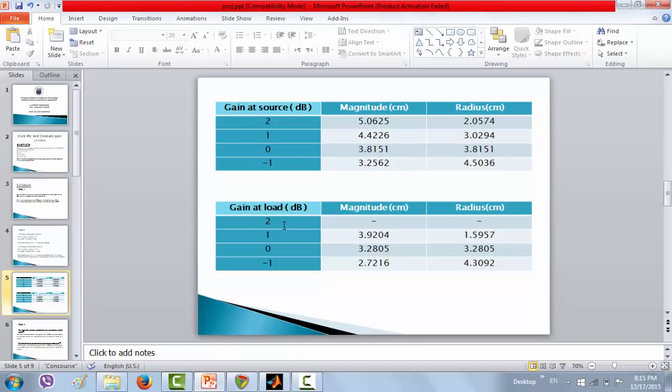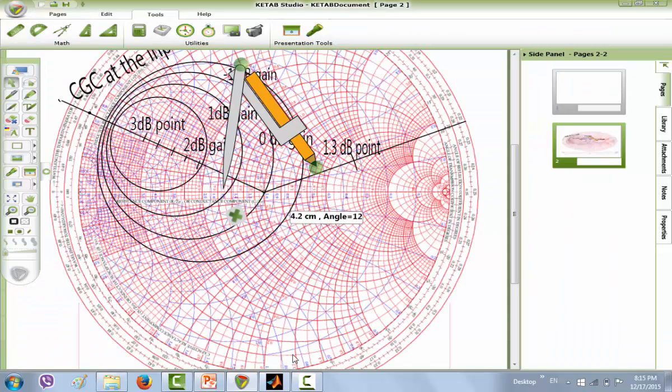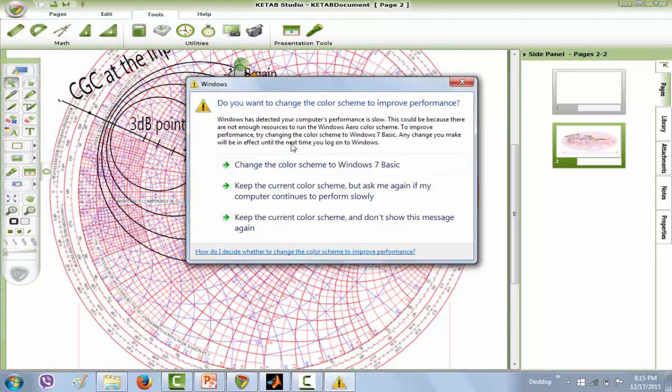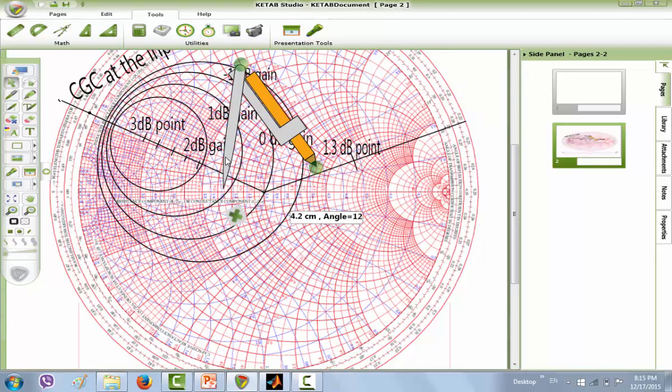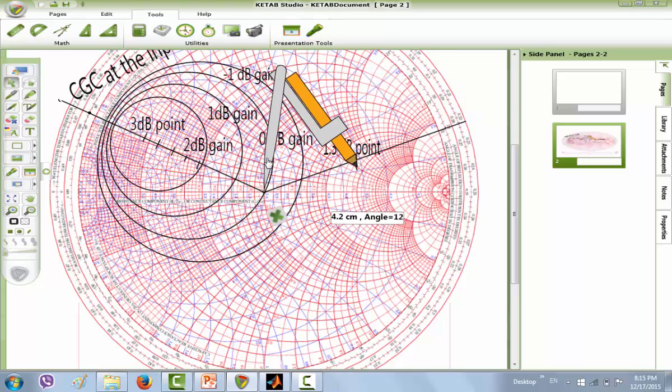Of course, as we said, we can draw the constant gain circles for the 2 dB gain. We start from the 1 dB, which is at the center of 3.9 centimeters. So from the origin, this is 3.9.